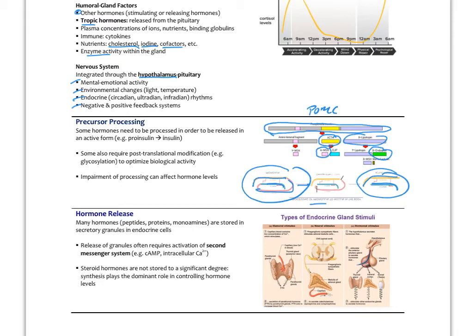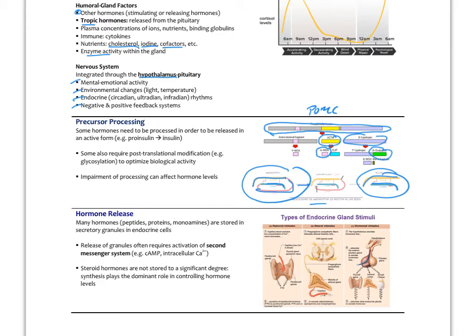So when you release ACTH, you also release all these other things like endorphins and so forth. And so that's curious. As part of the stress response, you actually release endorphins to help you deal with pain and those kinds of things in that process. So that's one important step, is precursor processing, and anything that inhibits that is going to disturb hormone levels in the plasma.